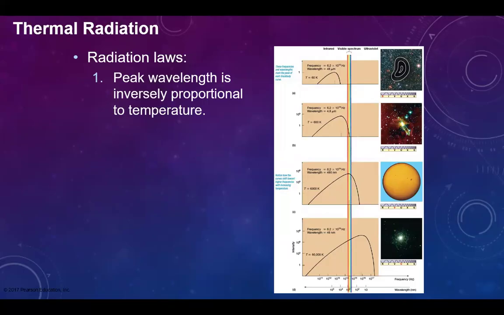Because the blackbody spectrum has a certain shape, you can actually get away with just measuring at two wavelengths and figuring out the relationship between them, the slope, to figure out where the peak would be.